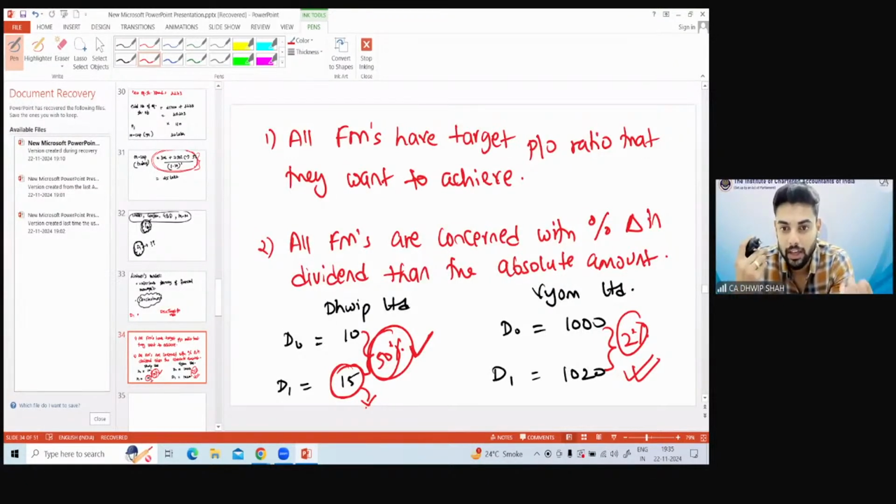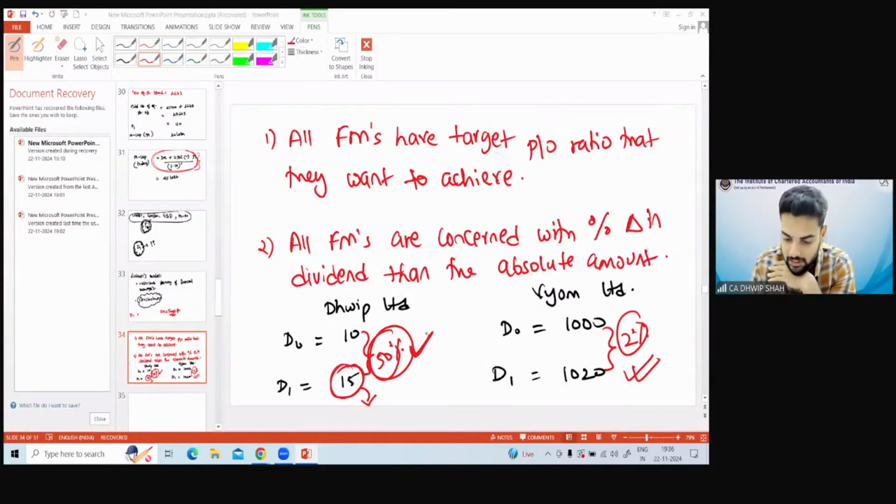So the shareholders are getting a false lollipop. So they are concerned with this percentage. This pinches them. So they don't want to differ, or they don't want to have a major percentage change in their dividend. This is what all financial managers give as their opinion.